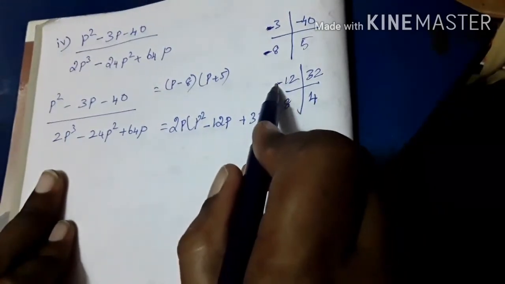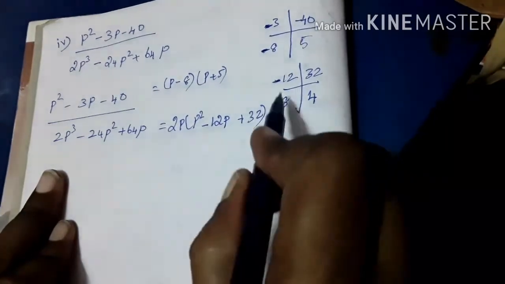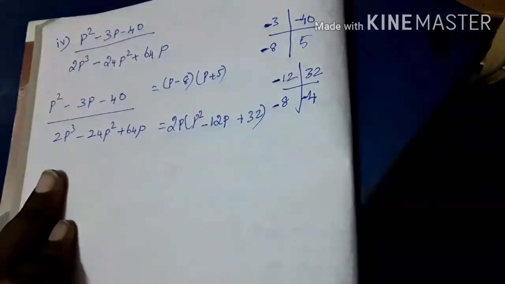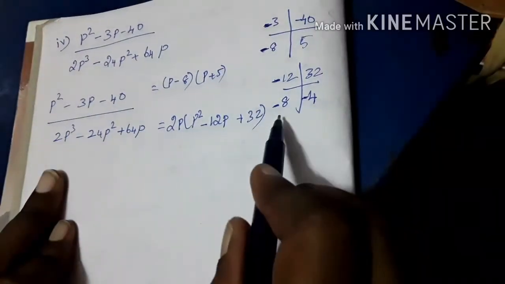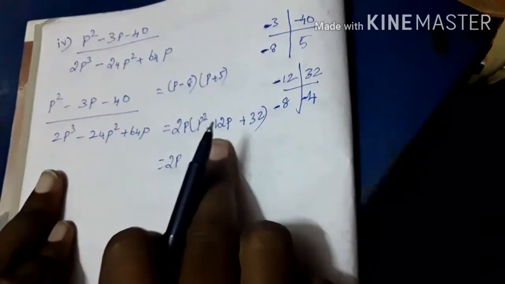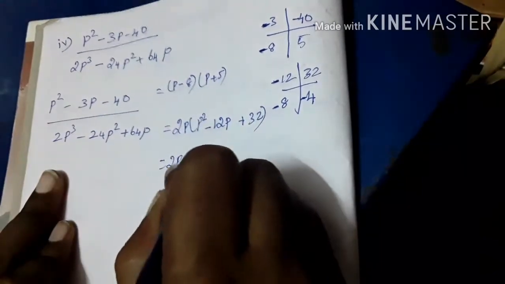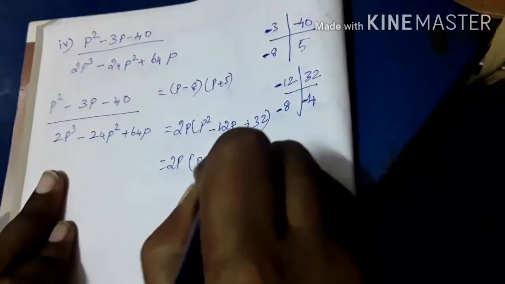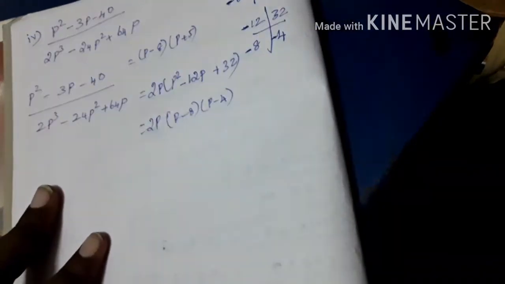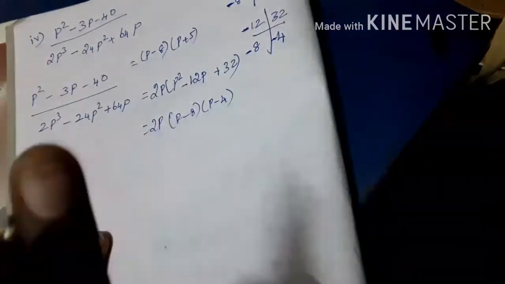But we want minus 12, so minus 8 minus 4 only becomes minus 12. So our factors are 2p common and p minus 8, p minus 4. So we finish the first step, factorize.